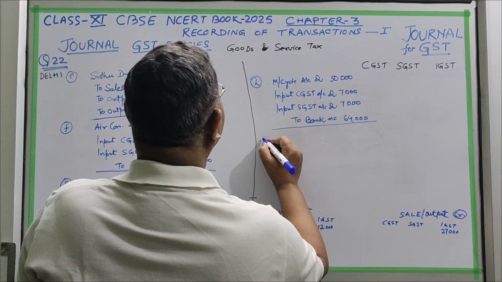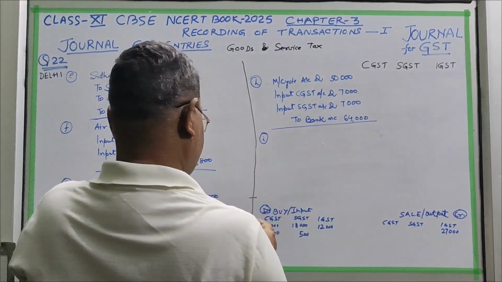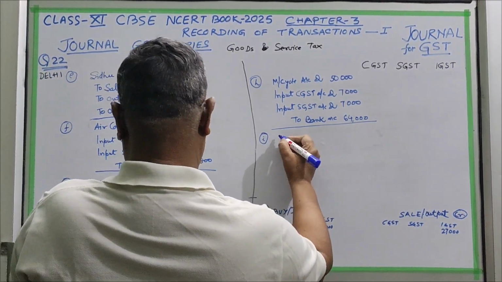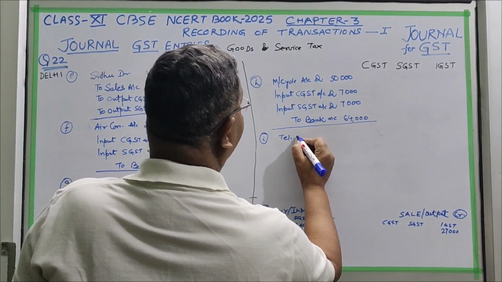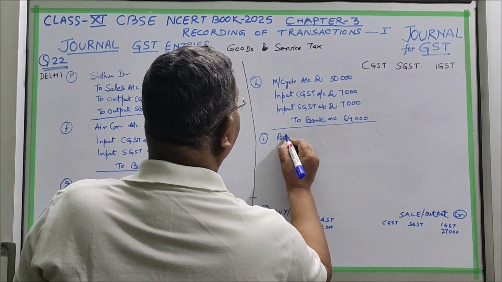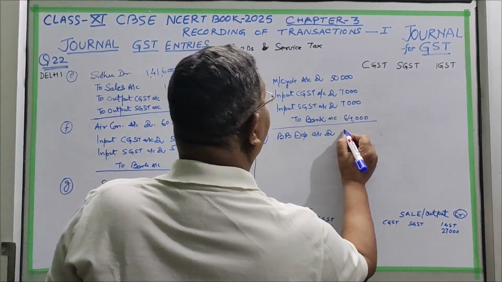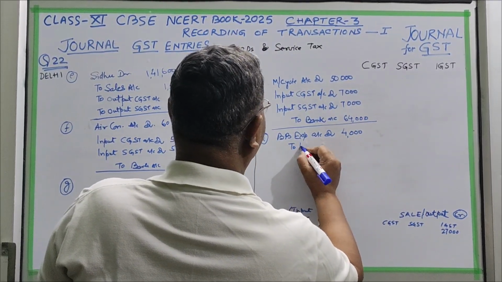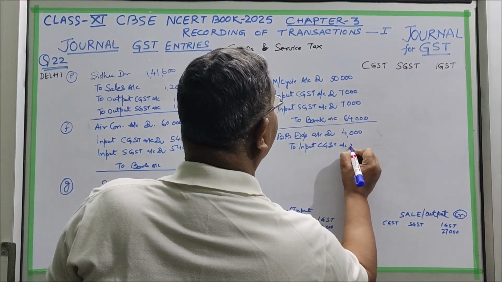So broadband expenses account debit 4,000, input CGST account debit.